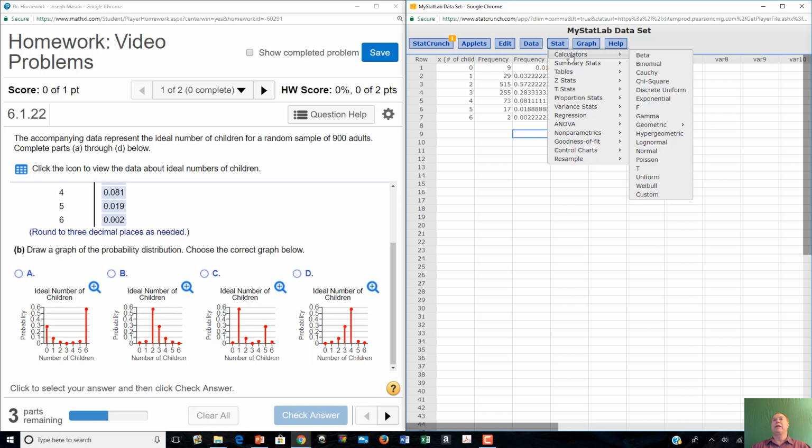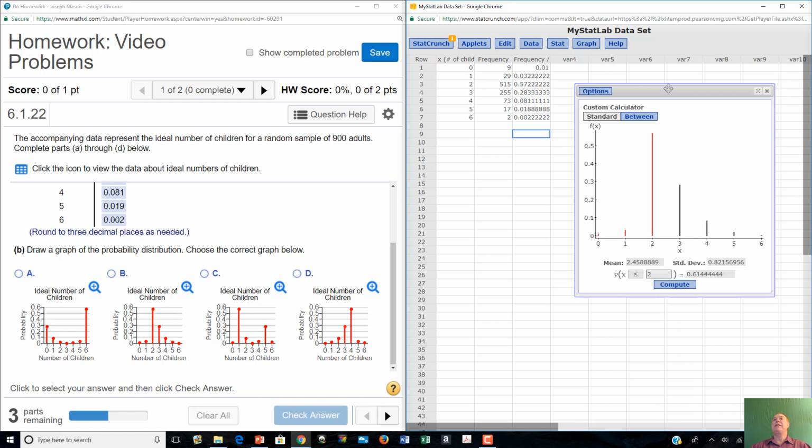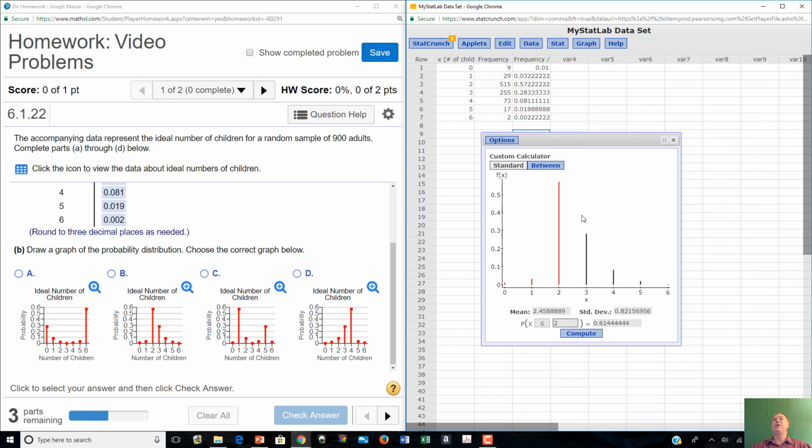And I'm going to go down to custom, because we'll talk about this in a second. My X value will be my number of children. Now I've got a choice. It doesn't matter whether I use frequency or the probability. So I'll use probability. Click compute. Now you see a nice looking graph here. Well, this is the graph that we're looking for. We also see the mean and the standard deviation down here.